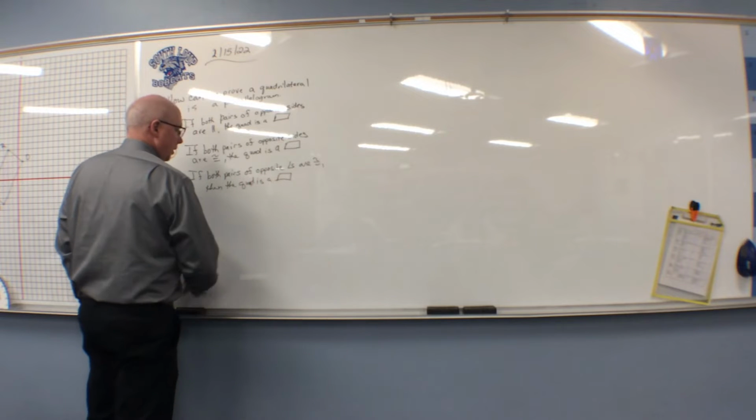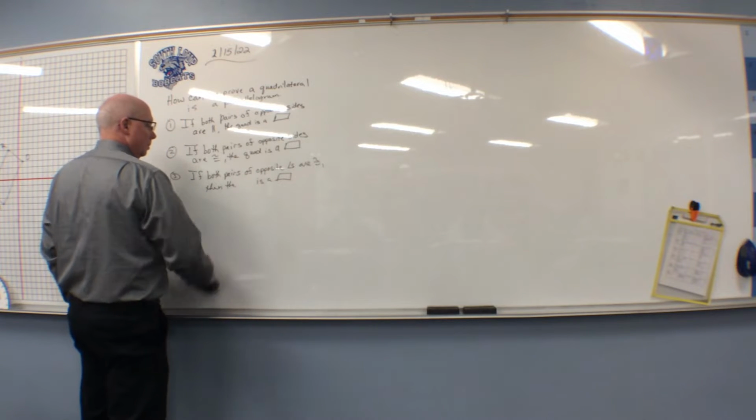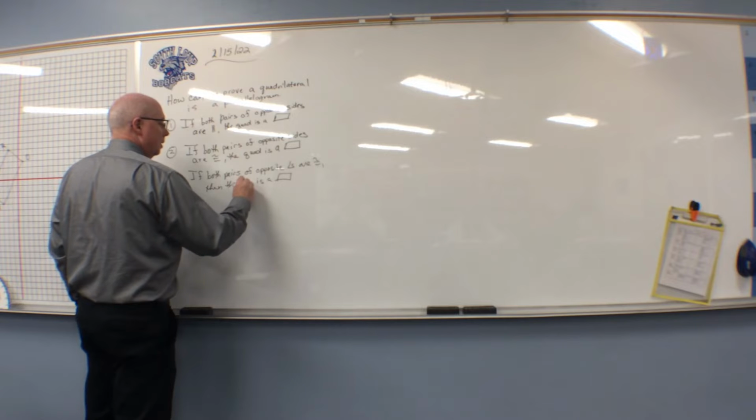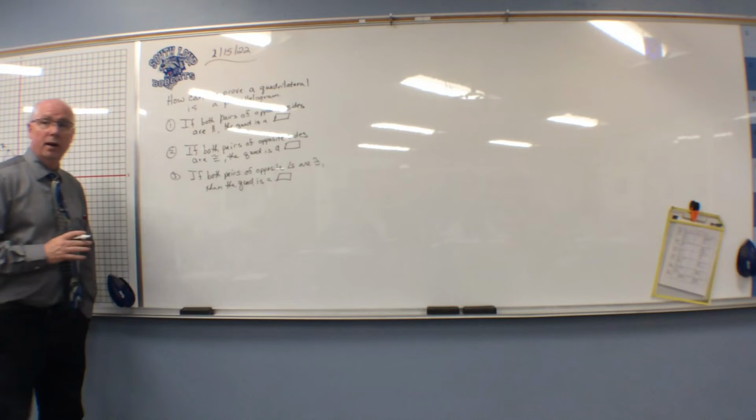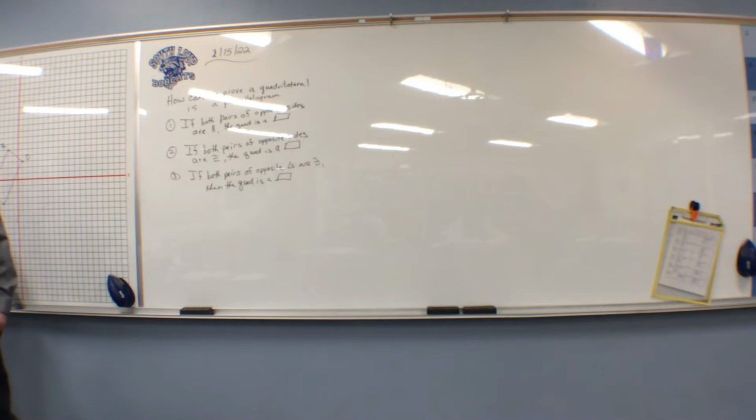That is not very good writing. Now it has to be both pairs of opposite angles, not just one pair. It has to be both. You have to prove that.